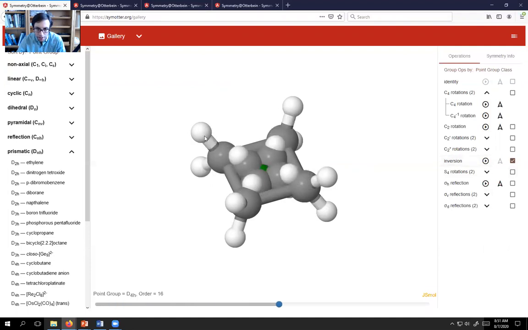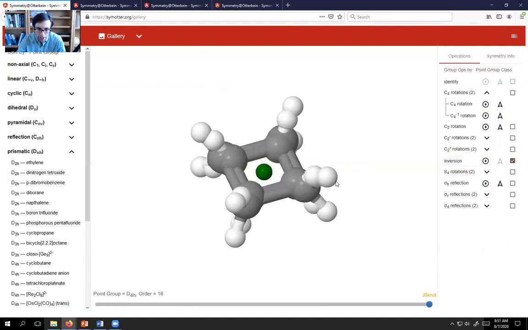So top, left, back went to bottom, right, front, okay? So anyway, that is all for this part.